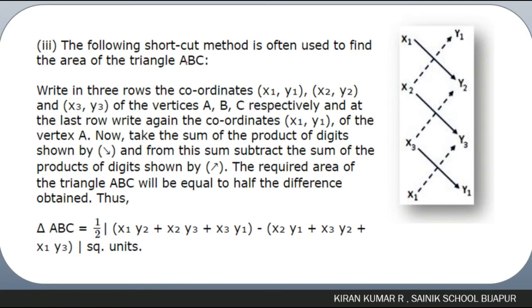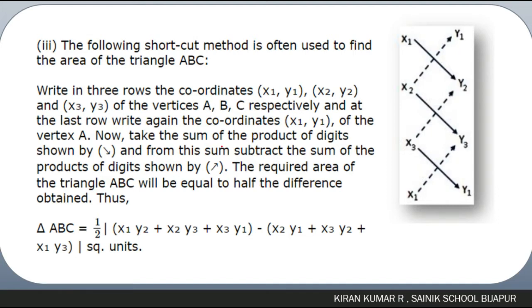The following shortcut method is often used to find the area of the triangle. Write in 3 rows the coordinates x1, y1, x2, y2, x3, y3, then followed by x1, y1.